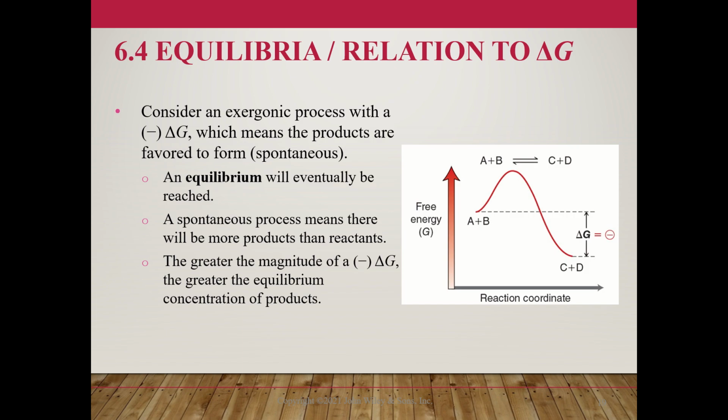The greater magnitude of a negative delta G, basically the more negative your delta G, the greater the equilibrium concentration of the products. And here we're looking at the combination of reactants A and B reacting in an equilibrium reaction that eventually leads to products C and D and an overall negative change in Gibbs free energy.